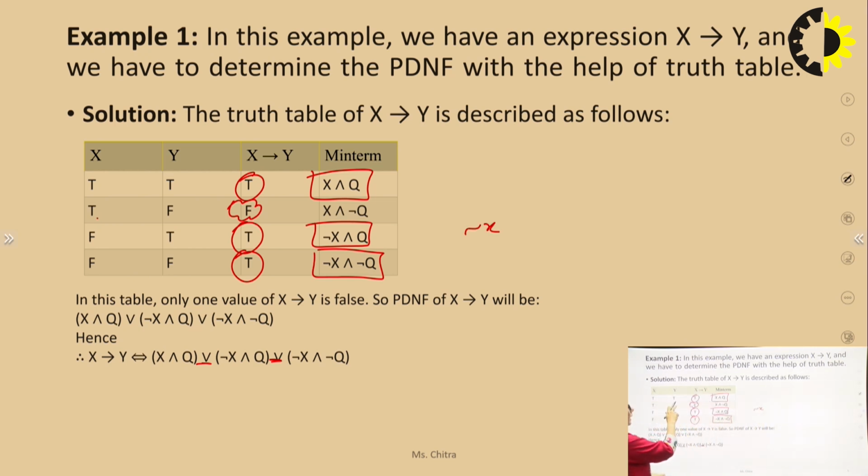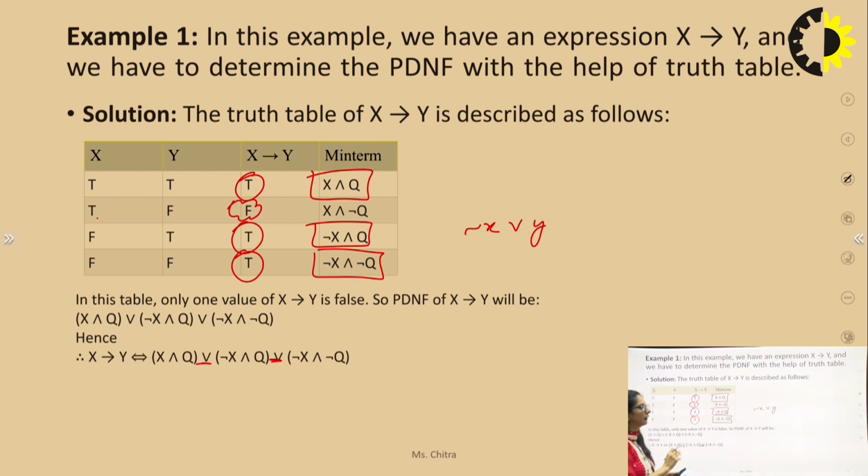And we know it's a PCNF form, so we need to write the maxterm. In the maxterm, we will write the or symbol in between. So it will be negation of x or y. Because we know if we resolve P implies Q, we always resolve it as the negation of the first symbol or y. And this is a PCNF form here.